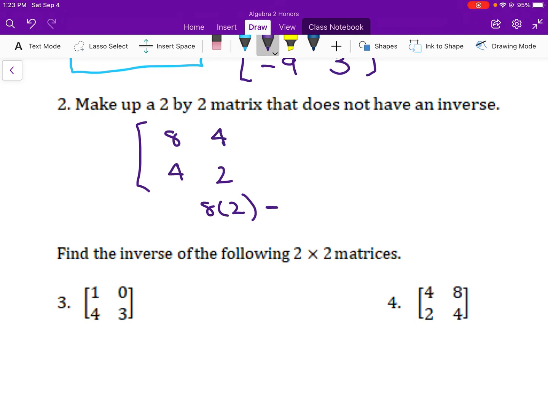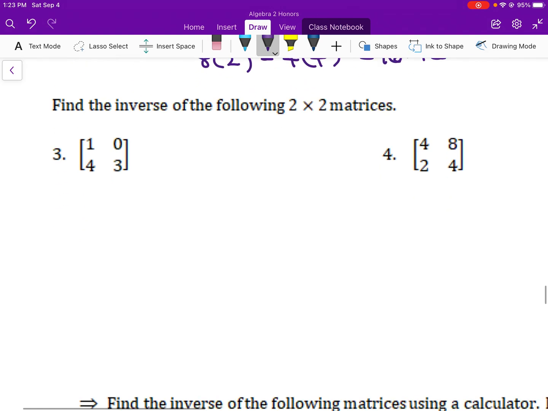So if I came up with 4 and 4, that together is going to give me 16 minus 16, which is 0. So if the determinant is 0, it does not have an inverse. So this matrix here would not have an inverse.